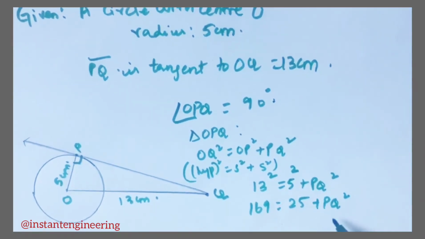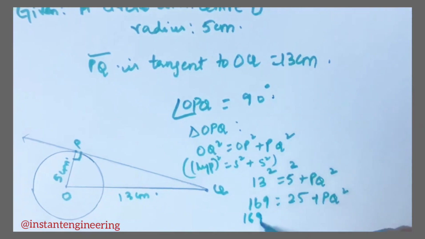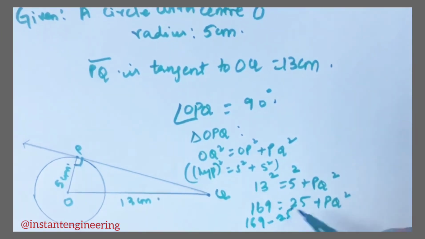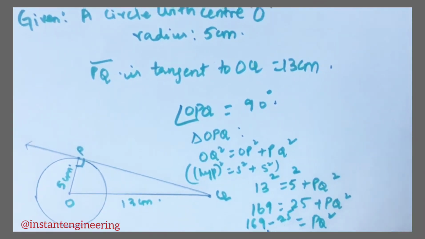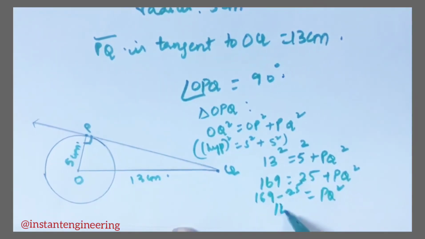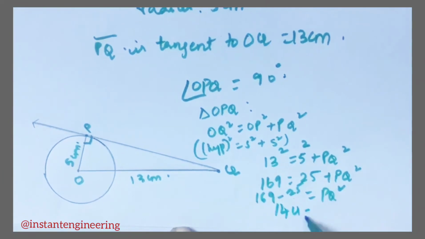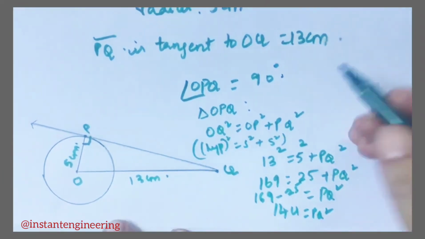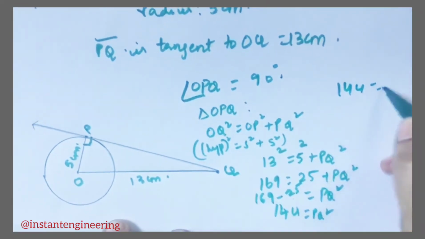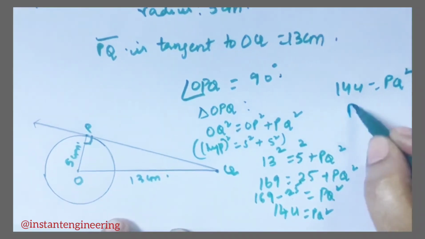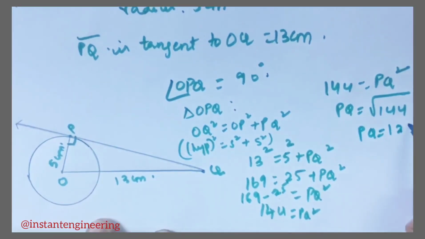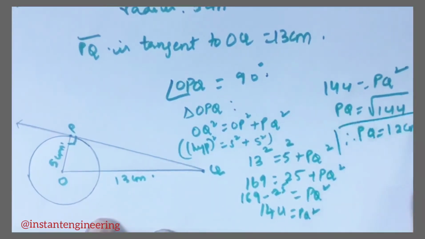When this goes to the other side, 169 minus 25 is equal to PQ square. That is 144. So 144 is equal to PQ square, which means PQ is equal to 12. So PQ is 12 centimeters.